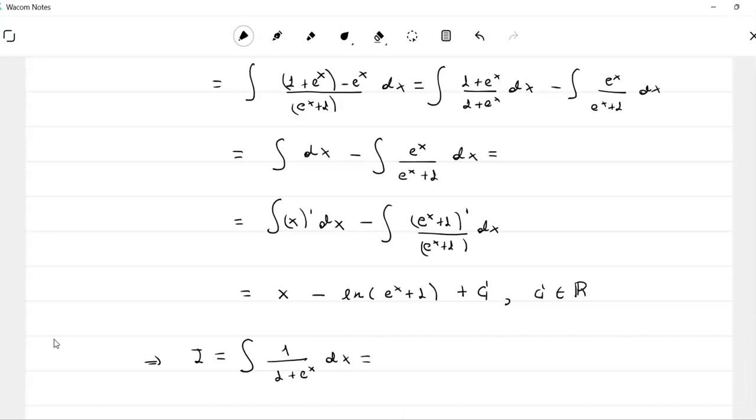So my integral here is x minus natural logarithm of e to the power of x plus 1 plus the constant c.